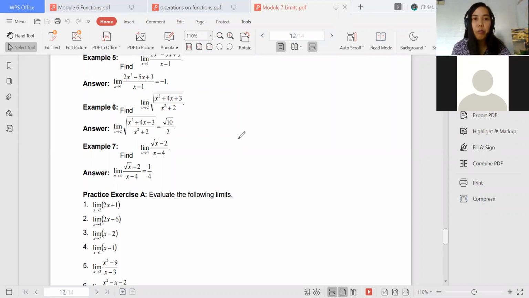So the given for number 7 is the limit of square root of x minus 2 over x minus 4 as x approaches 4. We cannot do direct substitution because when we do that, 4 minus 4 is 0. Our denominator becomes 0. What is the factor of this? Can we factor?